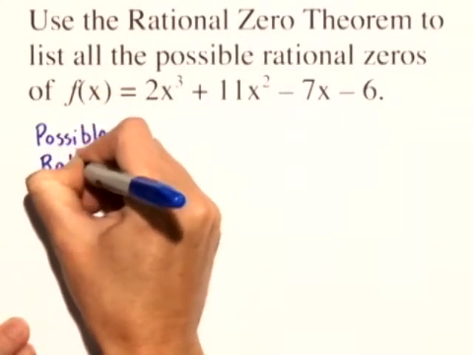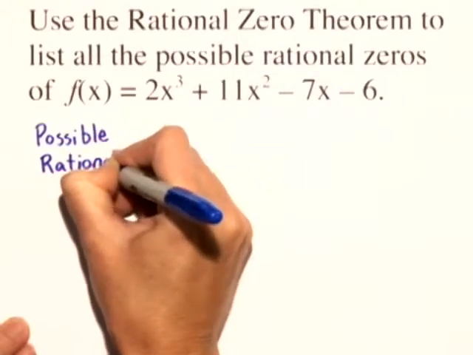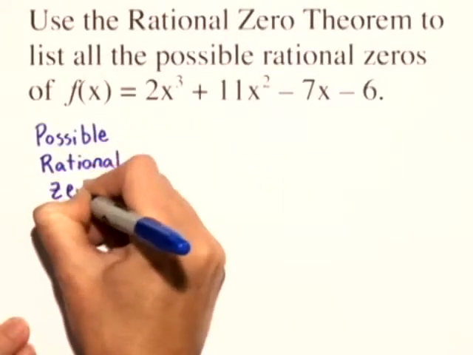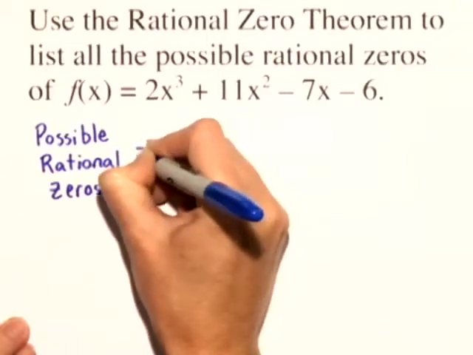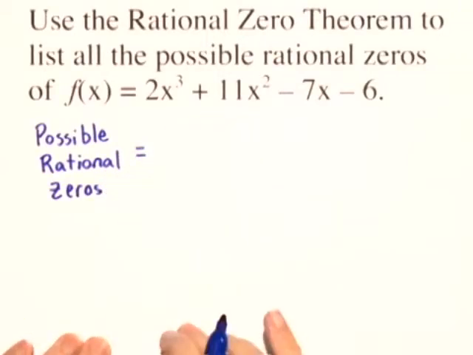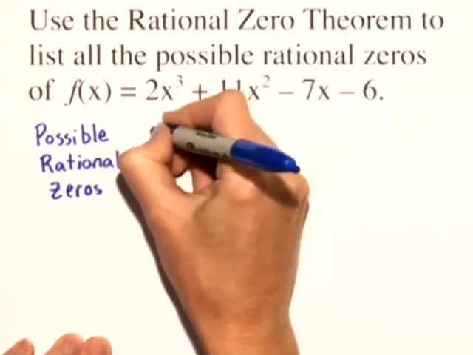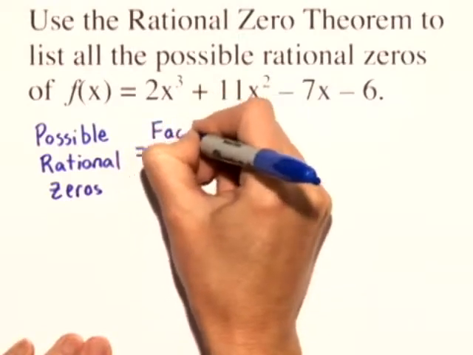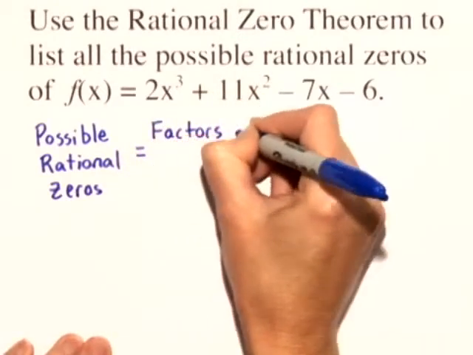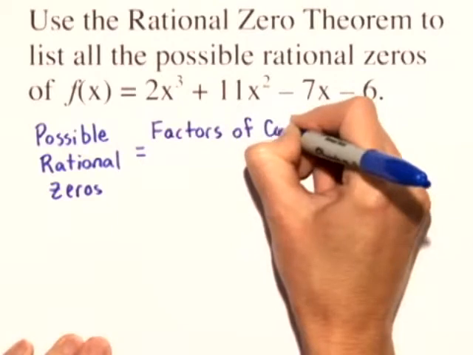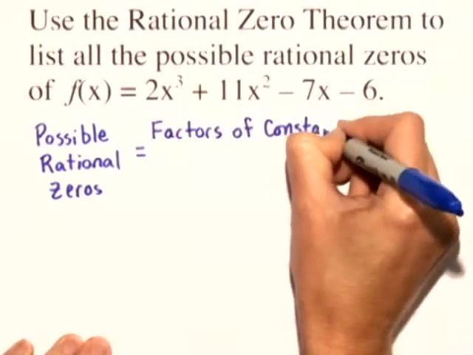rational zeros is given by a fraction. And the fraction in the numerator is the factors of the constant term.